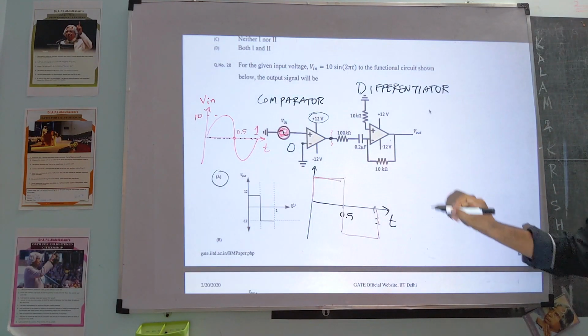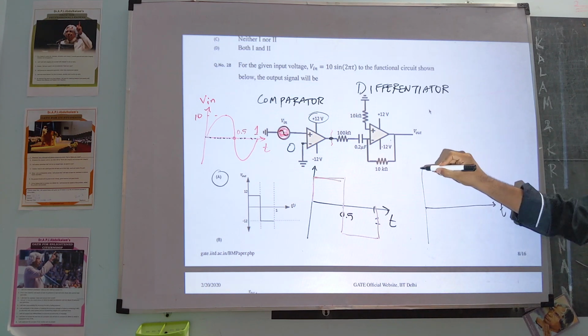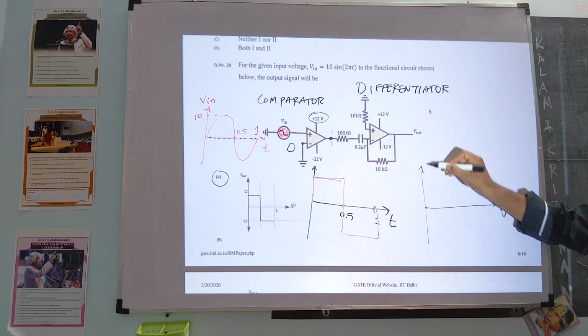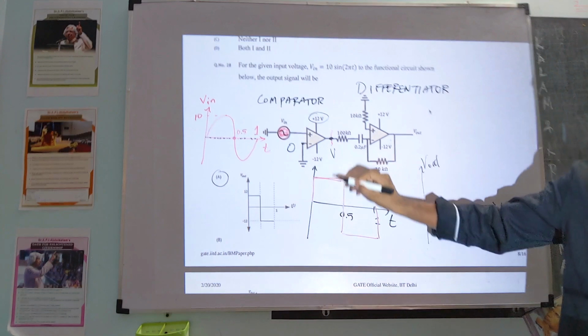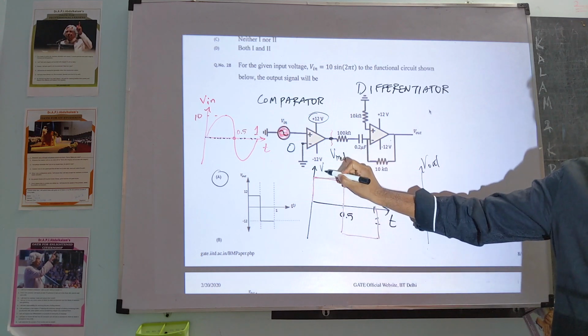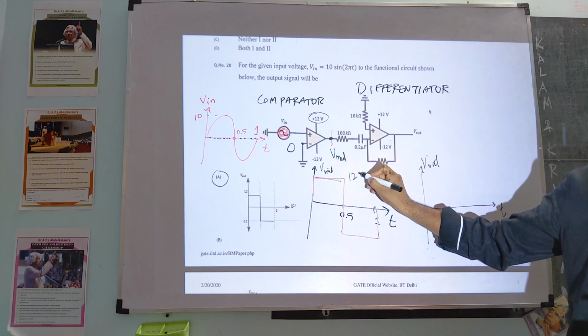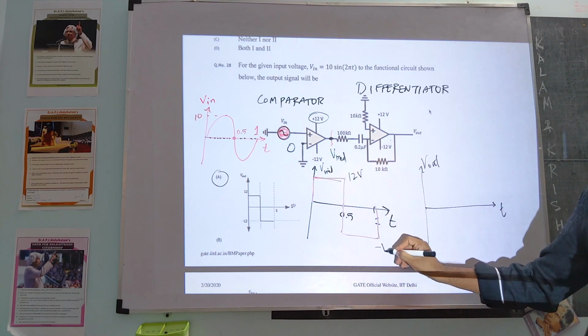So we have that time axis and the signal Vout over here. This is like Vintermediate, Vmid, and the saturation value is 12 volts. This is minus 12 volts.